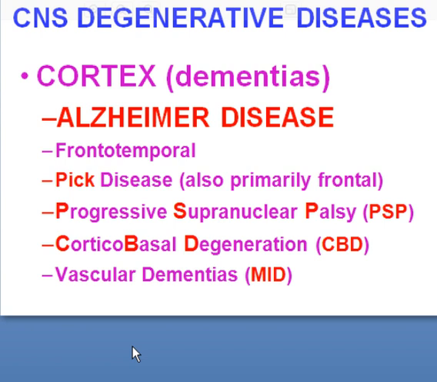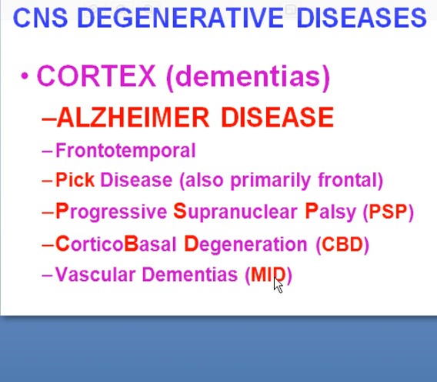Last but not least, knowing that Alzheimer's disease is about 75 or 80%, let's say 75%, of all of the cortical dementias, the next biggest category are vascular dementias. In other words, multiple infarcts or multiple infarct dementia.